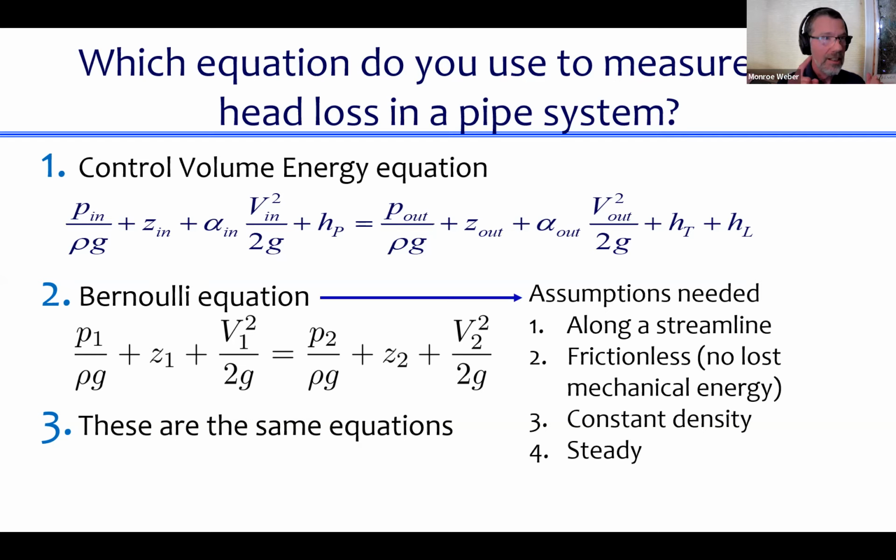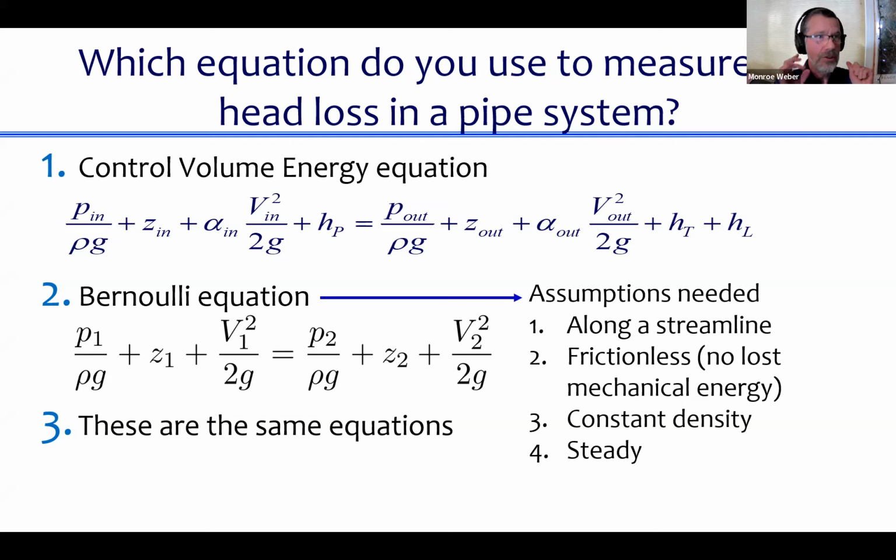So let's talk about this. The assumptions needed to make it possible to use the Bernoulli equation are that it has to be along a streamline, it has to be frictionless, no lost mechanical energy, it has to be a constant density fluid, and it has to be steady. The one of those that you really miss on a pipeline is that it's not frictionless.